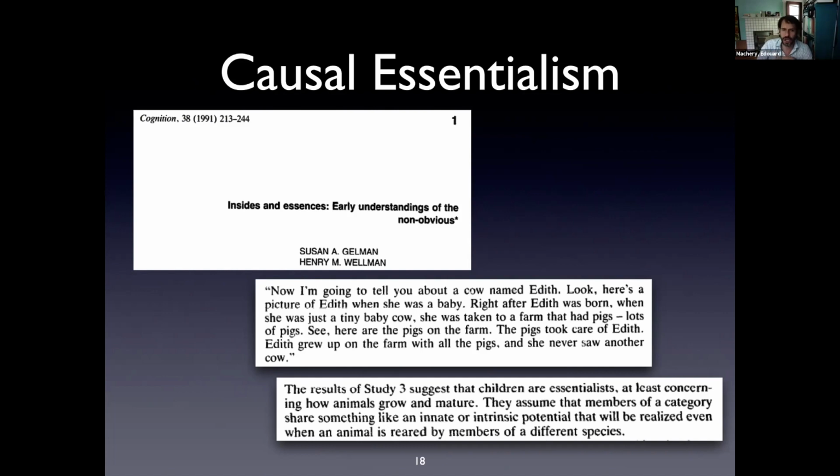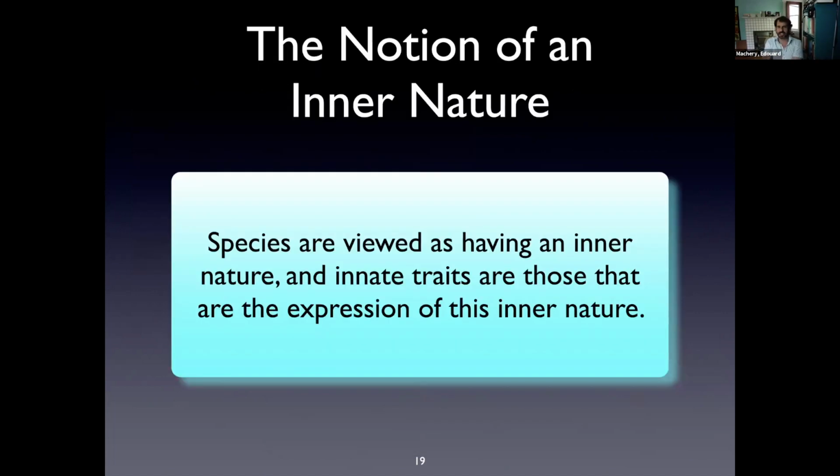So the idea here is that species, particularly what cognitive anthropologists call generic species or ethnospecies, are viewed as having an inner nature. And that allows us to characterize, to give you a gloss of, the manifest concept of innateness.